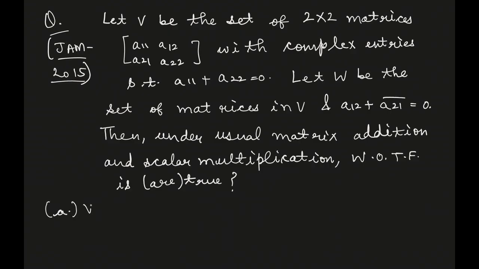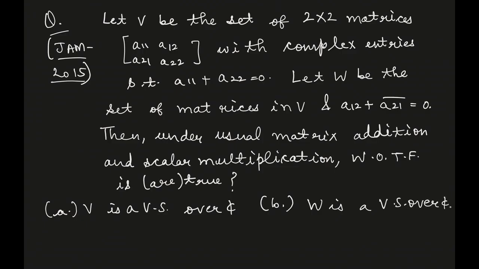A part, V is a vector space over C. B part, W is a vector space over C. C part, V is a vector space over R. D part, W is a vector space over R.